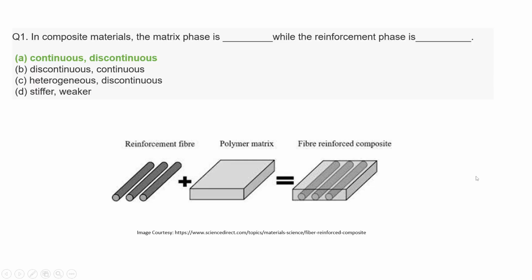So the first question is that in composite materials, the matrix phase is dash while the reinforced phase is dash. The options are A, continuous, discontinuous; option B, discontinuous, continuous; option C, heterogeneous, discontinuous; or option D, stiffer, weaker. As you have already seen in sir's lectures, you know what a composite material is.